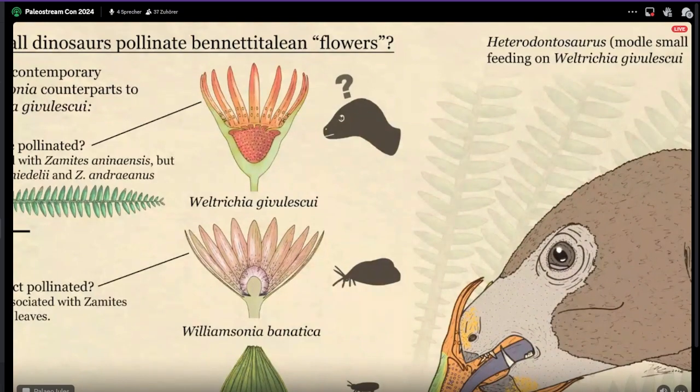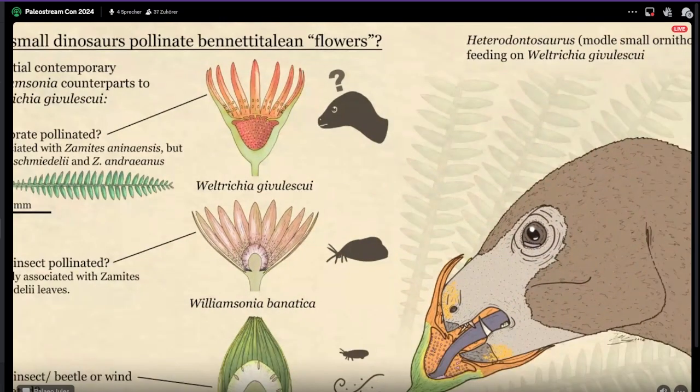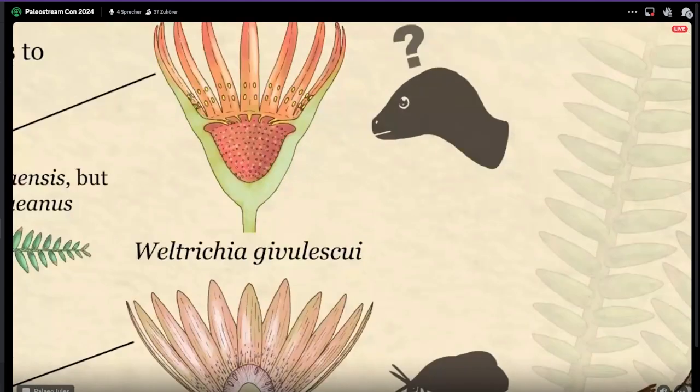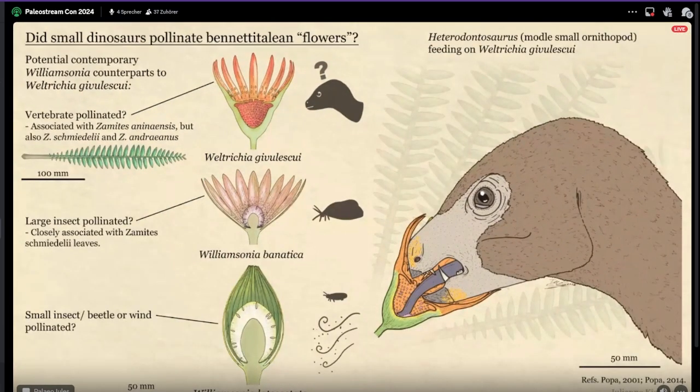They were very long, conical, they had nectaries in the bottom, but they also had these recurved rays which would have prevented larger insects like calligromatids from pollinating them, and would have made it harder for smaller insects to also escape if they got in, so that's not useful for pollination. So they may have been pollinated by larger vertebrates, but we don't really know, because we don't have corresponding female organs which would have matched the shape, basically. So at the moment, we only have one side of the puzzle.